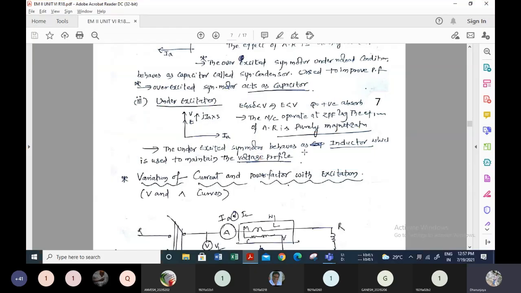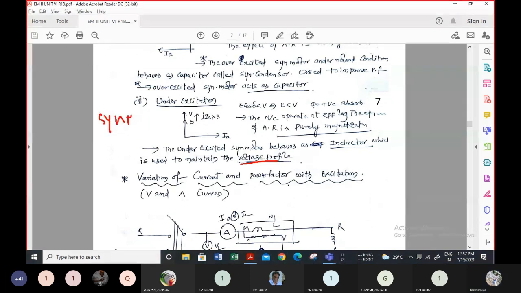The important thing for competitive exams is when a synchronous motor is under no load condition and is under excited, it will be considered as an inductor.